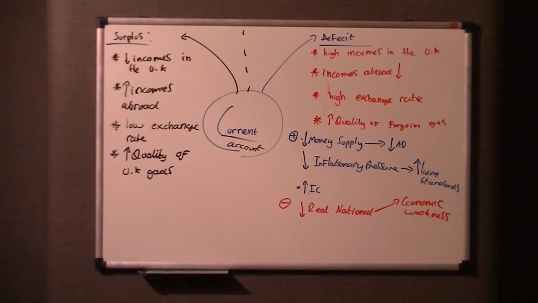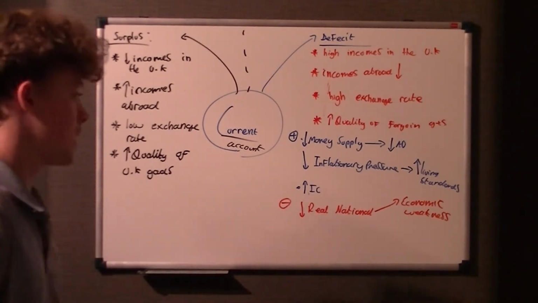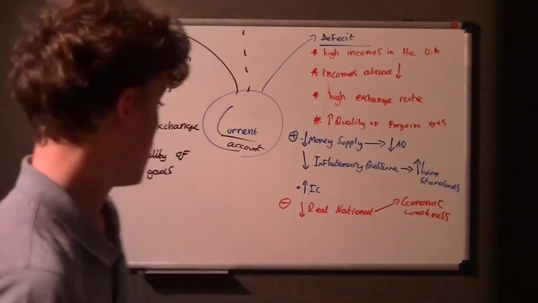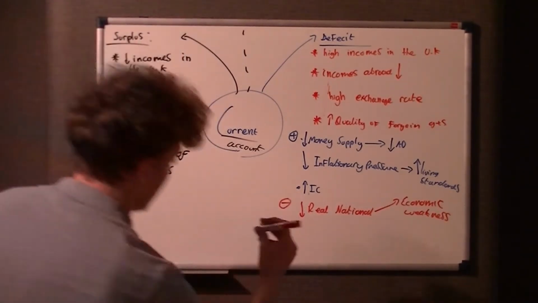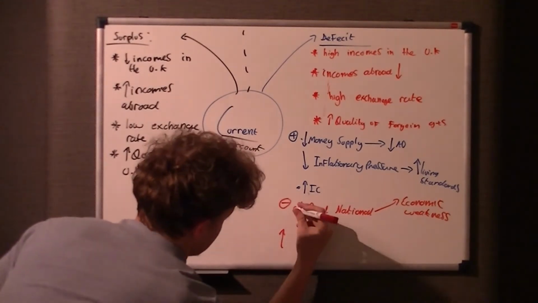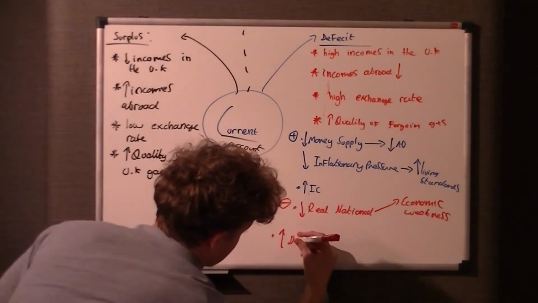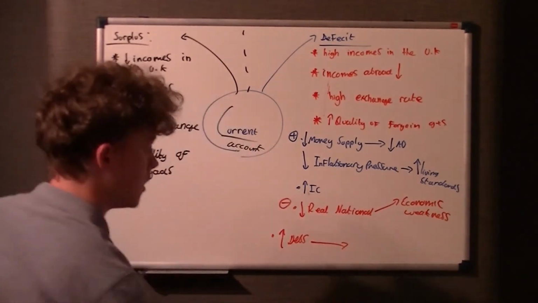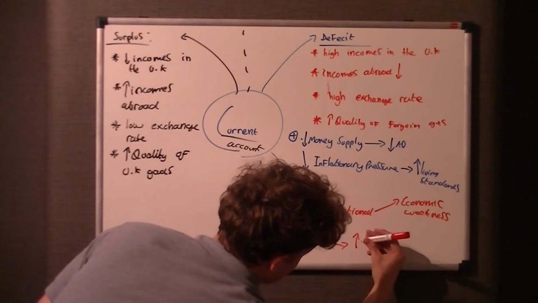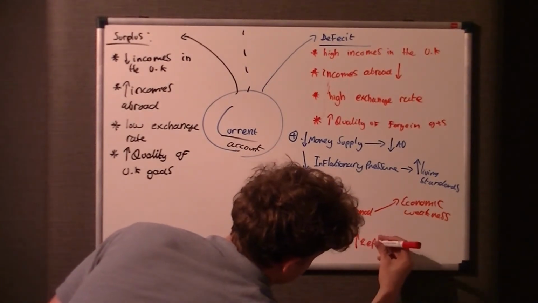So if we're spending more money than we're getting in, the government's going to have to borrow it from somewhere, as I mentioned just then. So the debts are going to increase. These are two separate ones, by the way. The debts are going to increase as we're going to have to borrow more. So the government's going to have to pay more repayments in terms of interest.